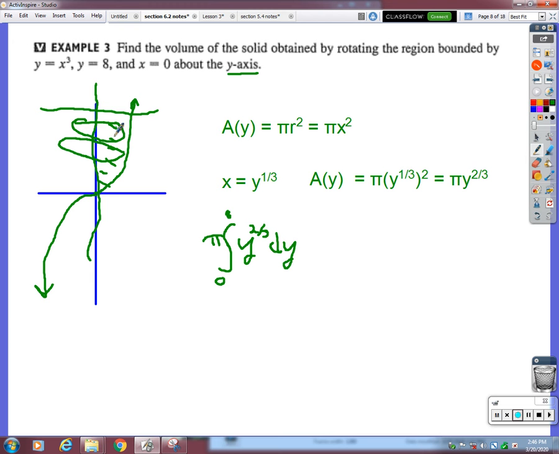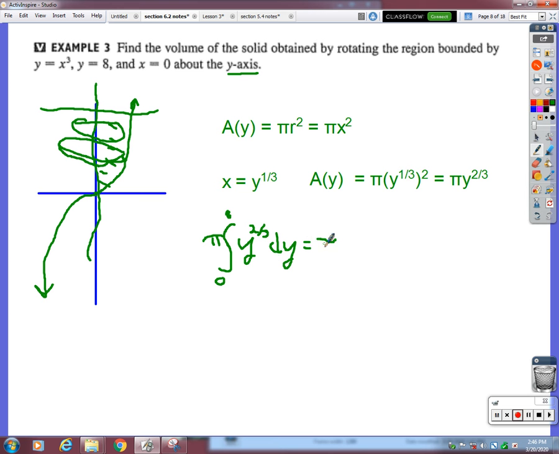Again, if you think about the cylinders, what the dy really represents, as we talked about yesterday, is the height of each one of these infinitely small cylinders. And since that height is in the y direction, it's got to be dy instead of a dx.